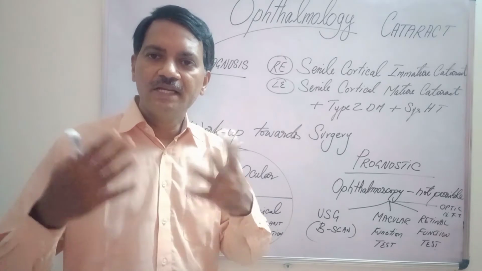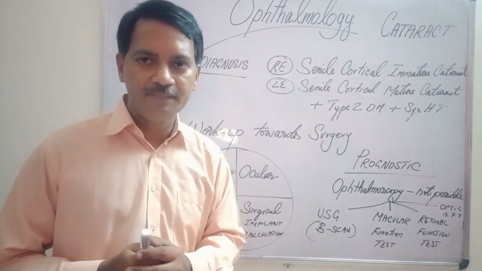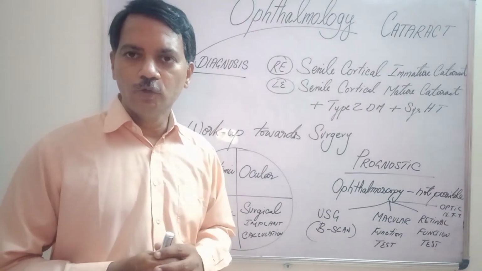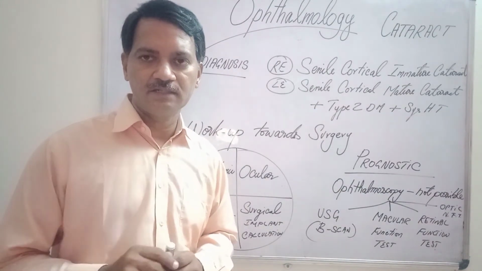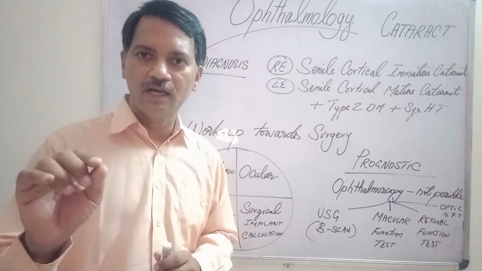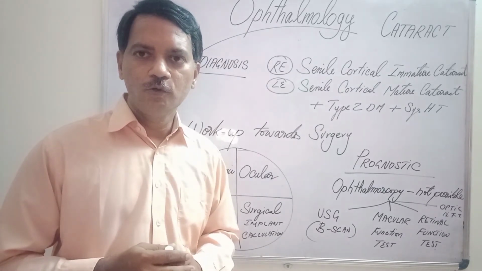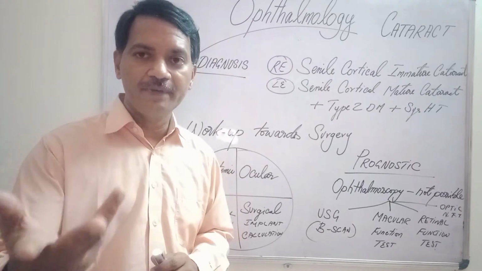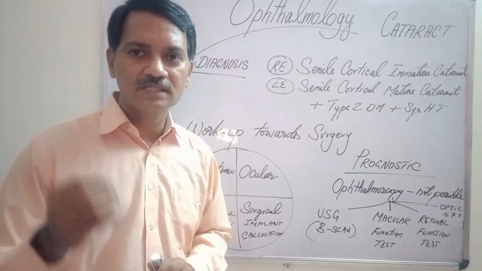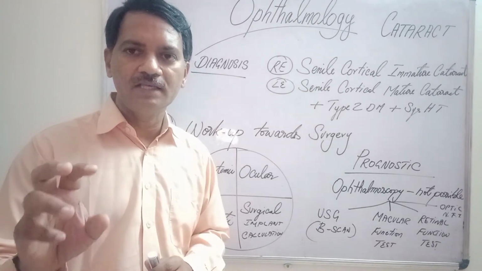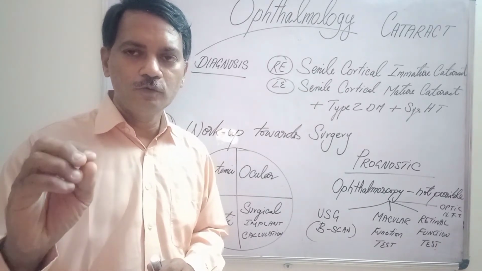So, what are all the tests that can be done under the macular function test? You can do a 2-point discrimination test. You can do a Maddox rod test. You can do a laser interferometry test. So, these are some of the tests we do to find out whether the macula is functioning within normal limits or not.